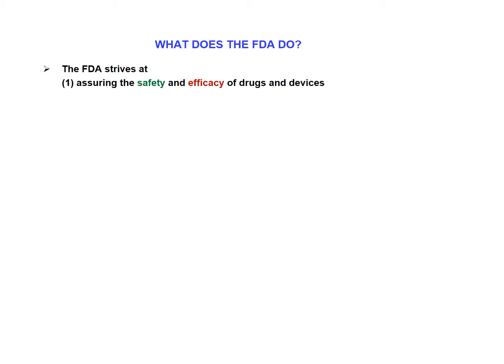Safety has been a term which all people can understand and have a specific idea of what it means. The word efficacy has been a term which has been interpreted in different ways by different people. The key words again in the mission of the FDA have been safety and efficacy.